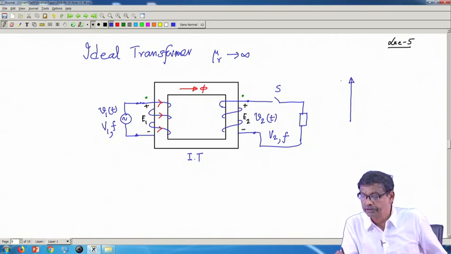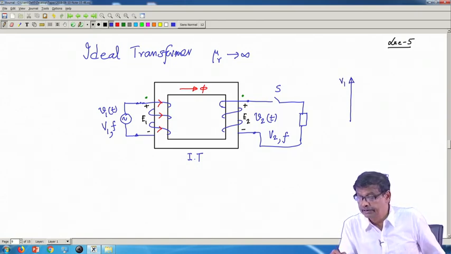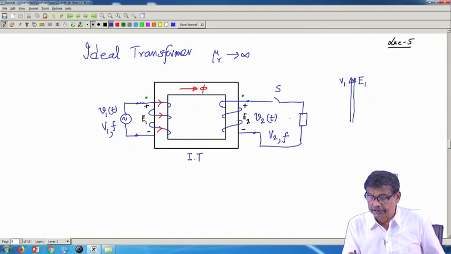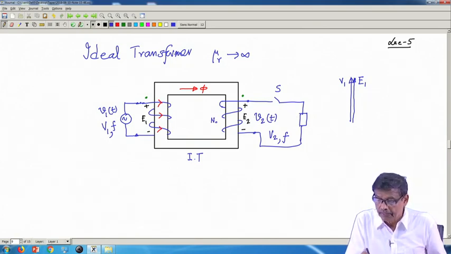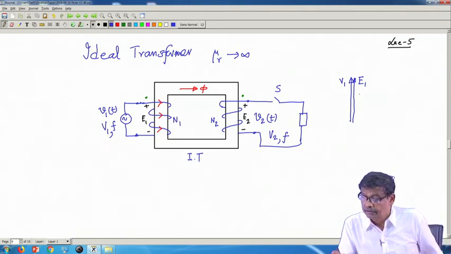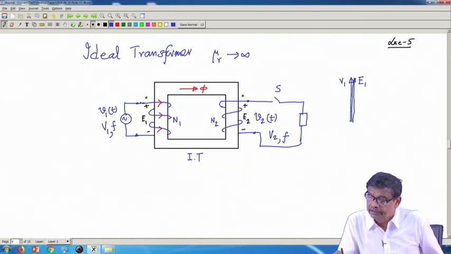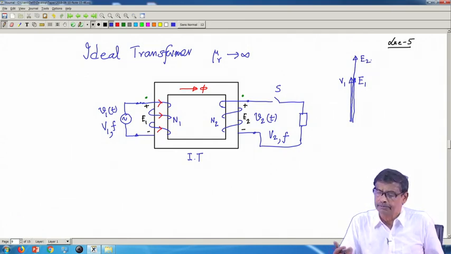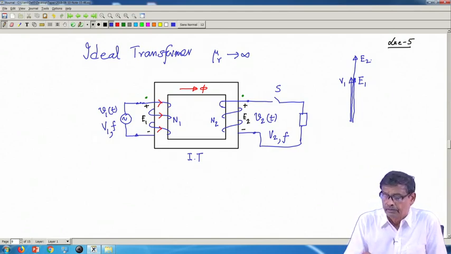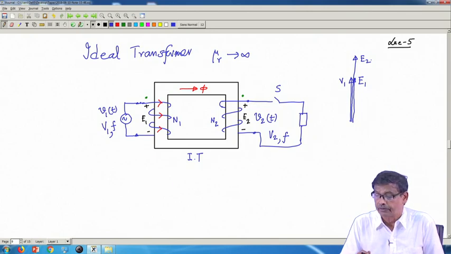This is the applied voltage V1, and this is the induced voltage in the primary, E1, of the same length as V1. The secondary induced voltage E2, with N2 turns against N1 turns, will also be in phase with this. Of course, its length will be different, maybe more or less than V1, depending upon whether N2 is greater than N1 or not.